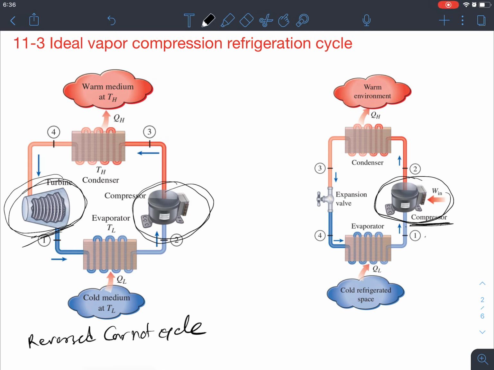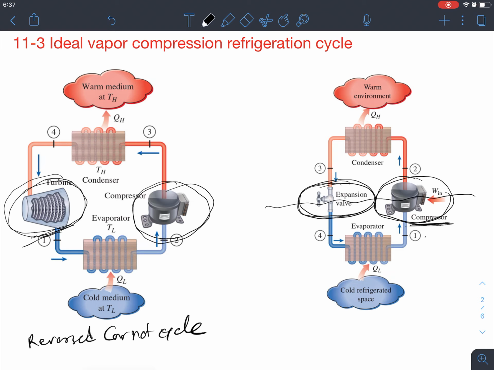And then the second thing is that the turbine is replaced by an expansion valve or throttling valve, right, to eliminate the difficulties of the turbine blade. Okay, so we replaced this turbine here using an expansion valve. So that's the difference between the ideal or reversed Carnot cycle versus the ideal vapor compression cycle. So now we can see that this cycle also comprises two phases.